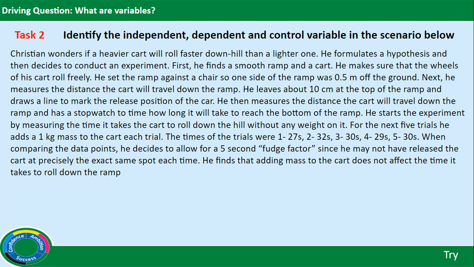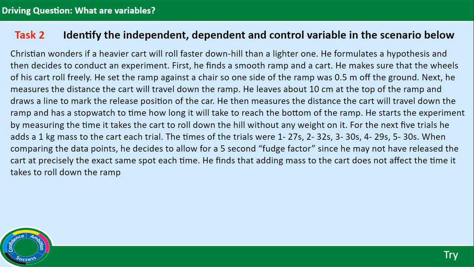So now this is something that Christian is changing. He is now changing the mass that the cart is carrying. These are the times of the trials. So different times, okay? He was measuring it, the trials.